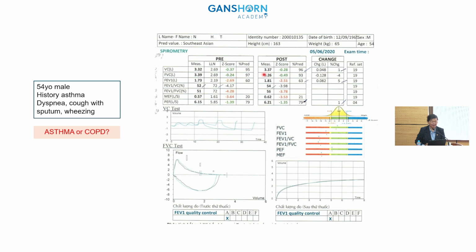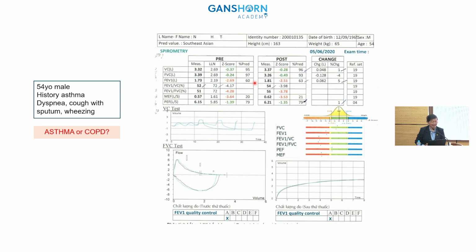So it is negative. And for FEV1, it's only 3. The requirement is 10. You catch it? You have to take the post-bronchodilator value minus the pre. If it is bigger than 10, then we have a positive bronchodilator test.